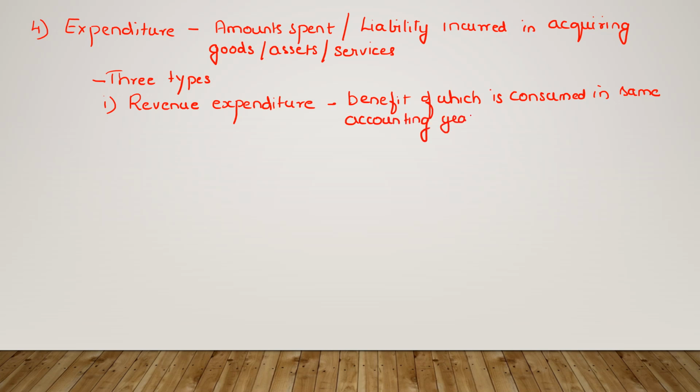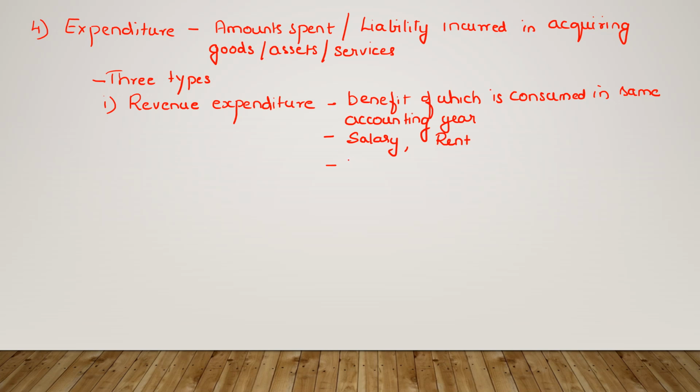Like in our example of Smitha, she paid salary to an employee, rent for the showroom. All these are examples of revenue expenditure that she incurred. She has incurred the expenditure and she has used the benefit out of incurring that expenditure in the same accounting year. That is revenue expenditure.